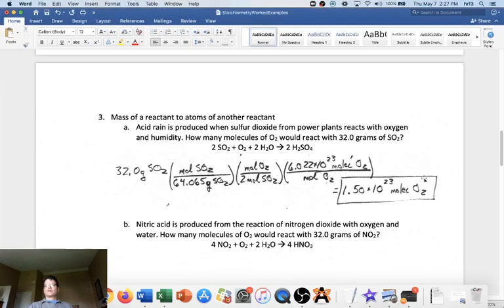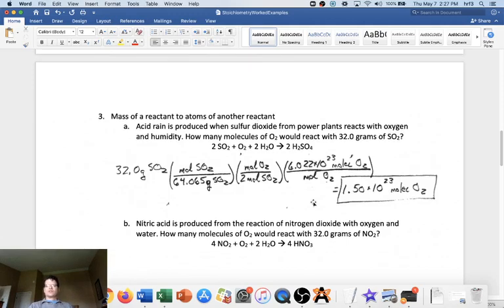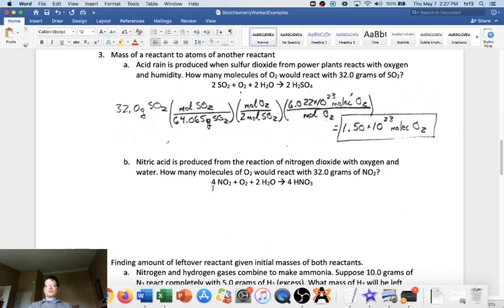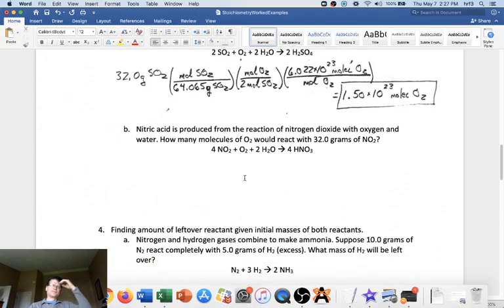So then you end up with a number of molecules. It's a big number because there are a lot of molecules in a macroscopic amount of material. You should be able to do the same kind of thing with 32 grams of nitrogen dioxide. This is going to be a 4-to-1 ratio instead of the 2-to-1 ratio that I had.